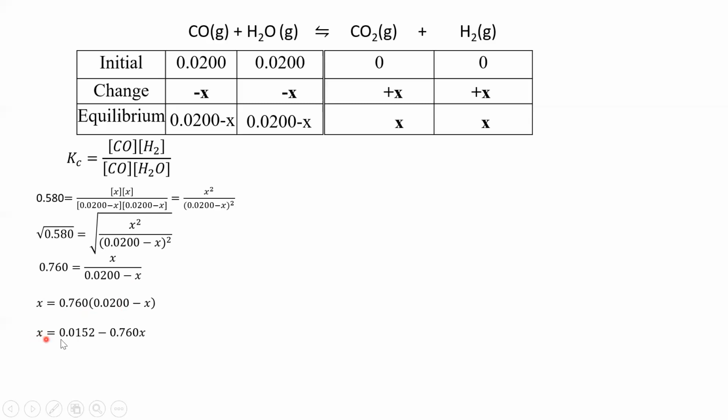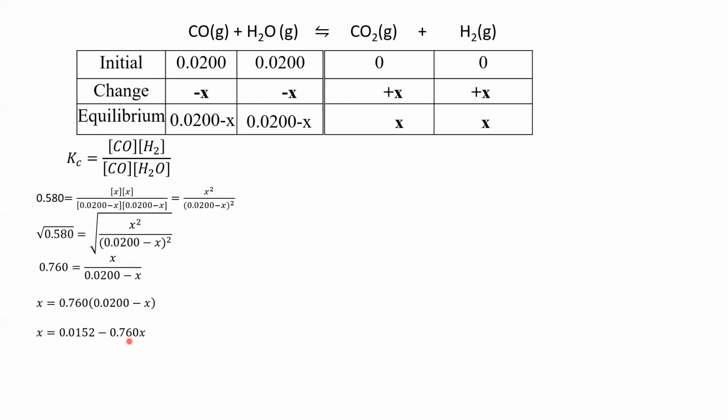And we get X equals 0.0152 minus 0.760X. Now we've got X on the left-hand side of the equation and X on the right-hand side of the equation.